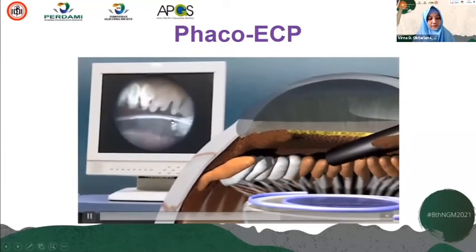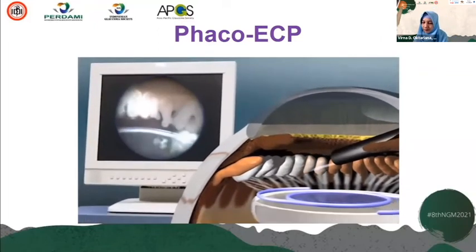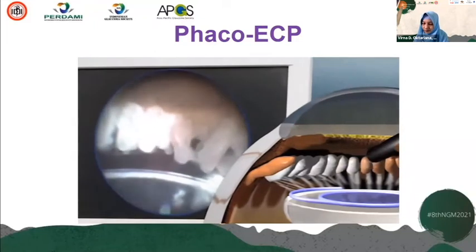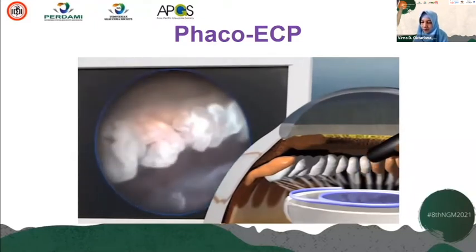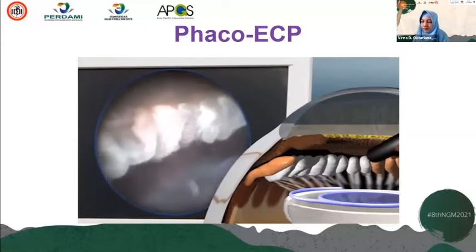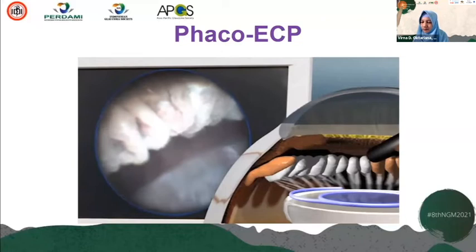It is very important that you make sure that the whole ciliary processes, including the valleys in between them, are all painted white. By doing this, you reduce aqueous production and lower intraocular pressure. I think this is a very simple, elegant, and yet very effective procedure in lowering intraocular pressure alongside your phacoemulsification.